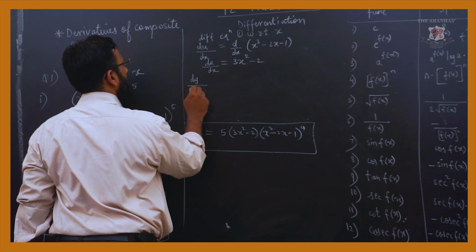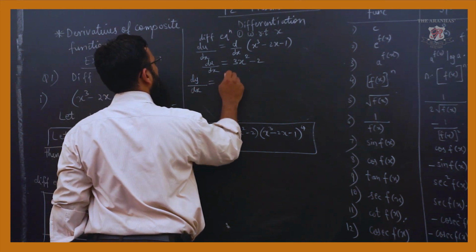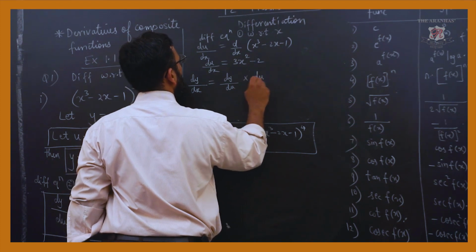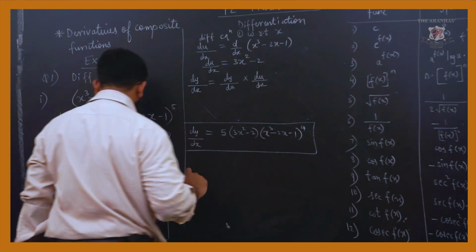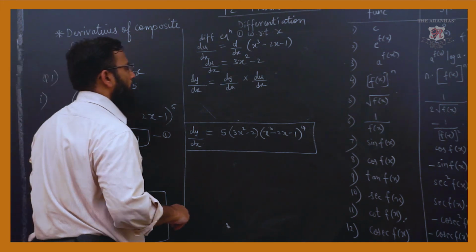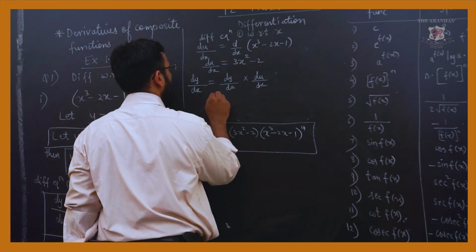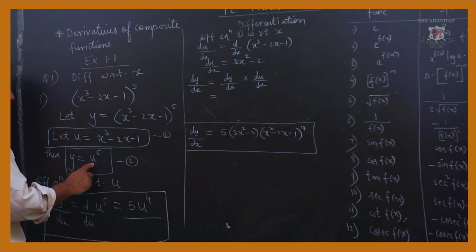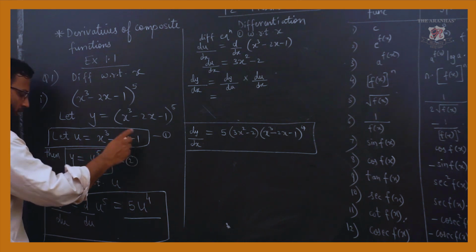Now let us go towards the theorem of composite function, where it says dy by dx is dy by du into du by dx. Now I have both the terms. My dy by du is 5u raised to 4. Now we are aware what is the value of u: x cube minus 2x minus 1.